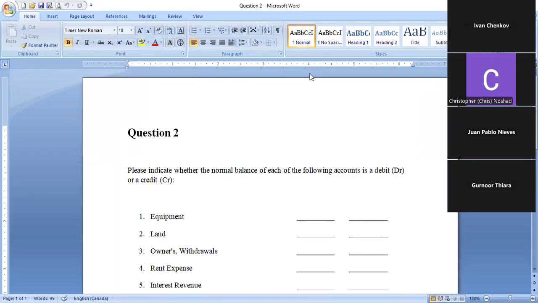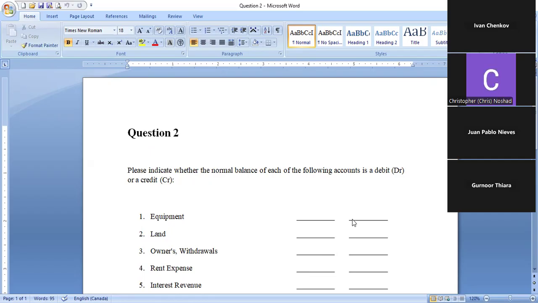First, what kind of account is it? Asset, liability, equity, revenue, expenses. And if it's that one, okay, asset, what's the normal balance? If it's asset, what will be the normal balance? Debit or credit?